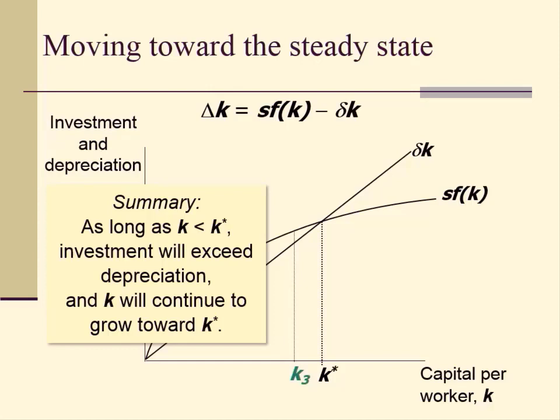And at steady state, at K star, the change in capital stock per worker is zero, as investment per worker is identical to depreciation per worker, and K, capital stock per worker, stops growing at that point.